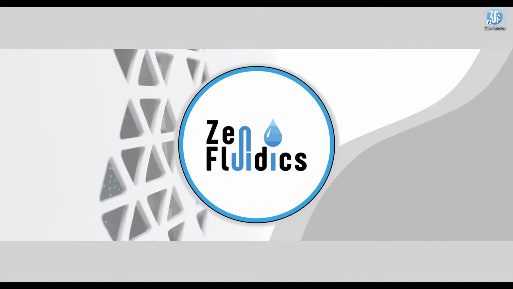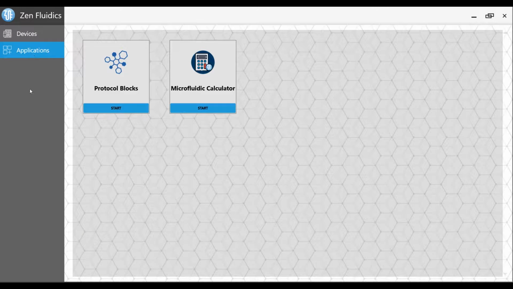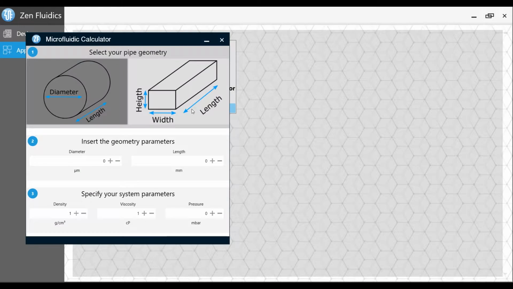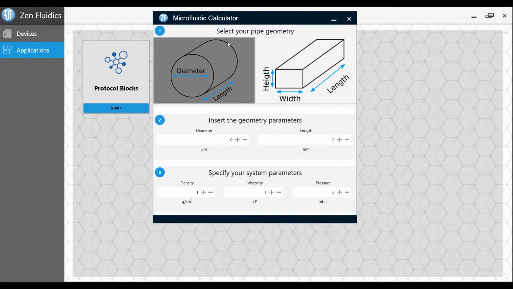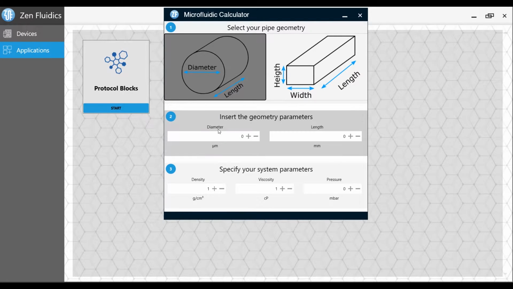Click on the Zen Fluidics icon and in the Applications tab, select Microfluidic Calculator. In the calculator, we can select between two types of geometries to calculate the expected flow of the system.